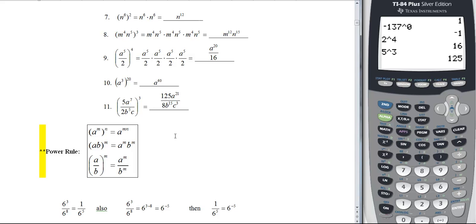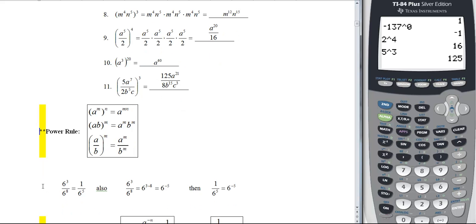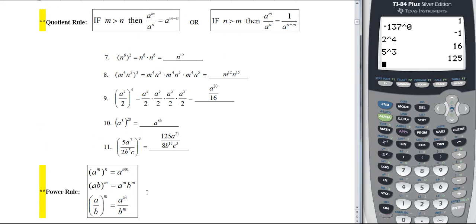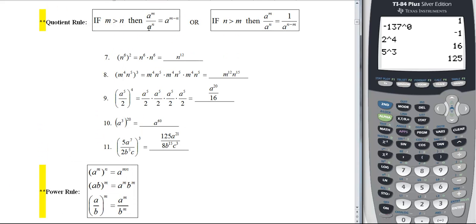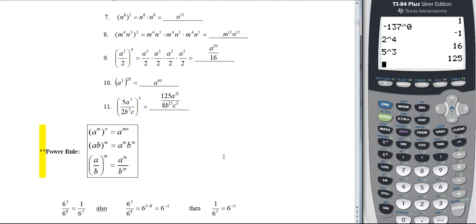I want you to see this because I did mention something about negative exponents. If I did a comparison here, notice my exponent in the denominator is larger, so I said earlier to subtract going down. But I also said that that first rule, this one right here, is used all the time, and you have to know how to deal with negative exponents.